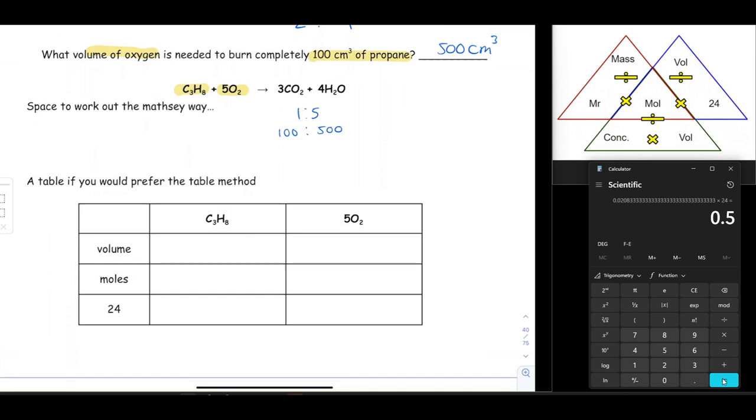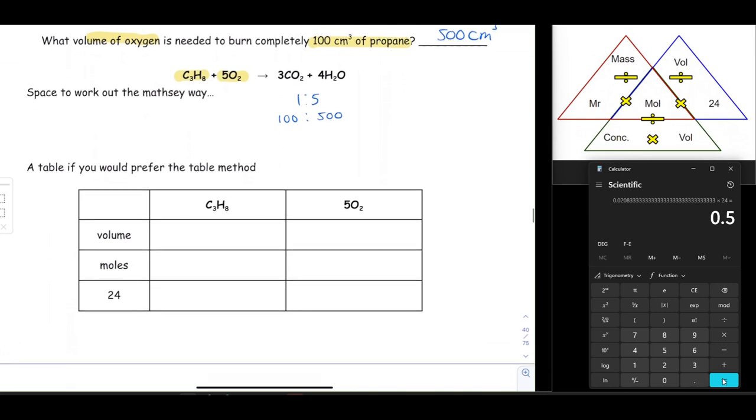But if you prefer the table method, we can say we've got 100 centimeters cubed. 24 is always 24. So we do 100 divided by 24. That gives us 4.166.